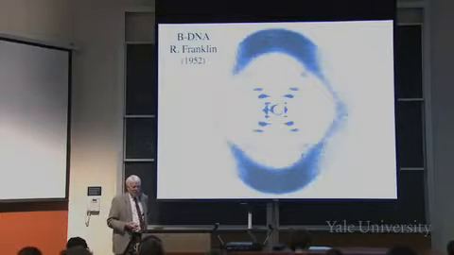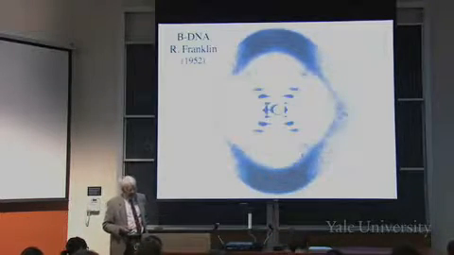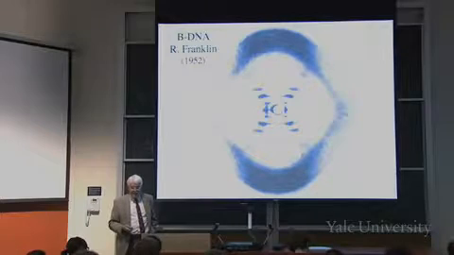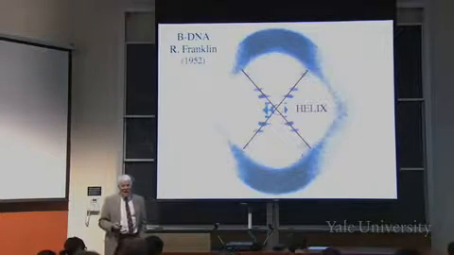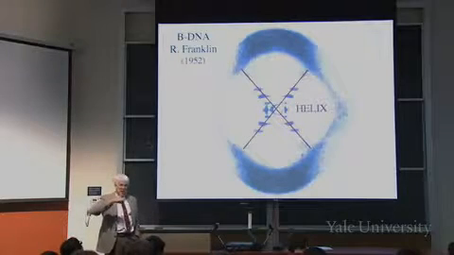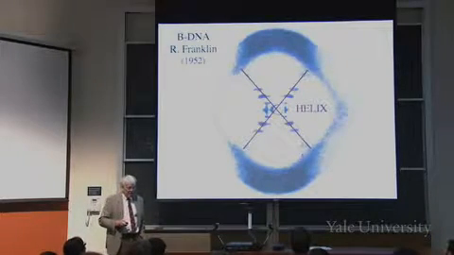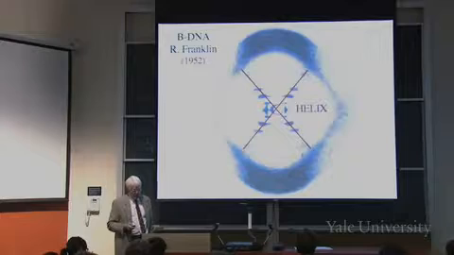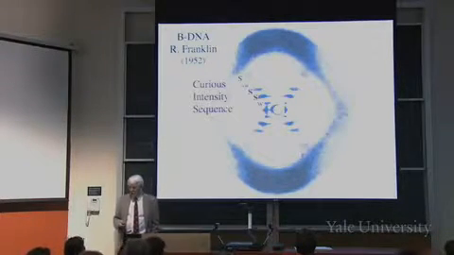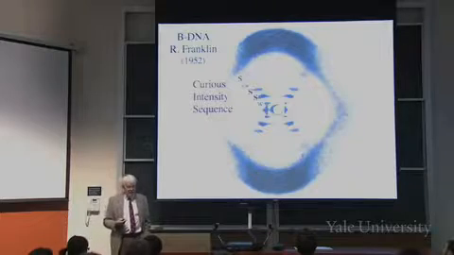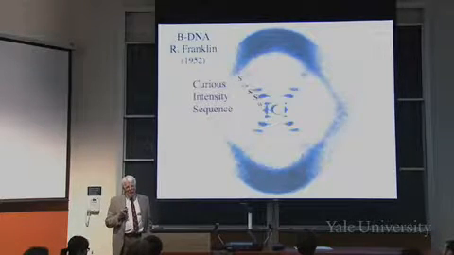Now, that looks very much like Rosalind Franklin's B-DNA photograph from 1952. So we see the helix, and we see how angled the successive turns of the helix are, what the pitch of the helix is. And from the spacing of the dots, we get how big the actual helix is. But there's something funny.